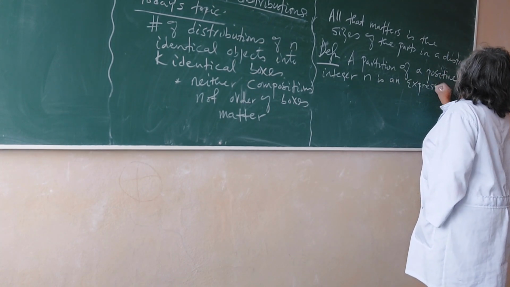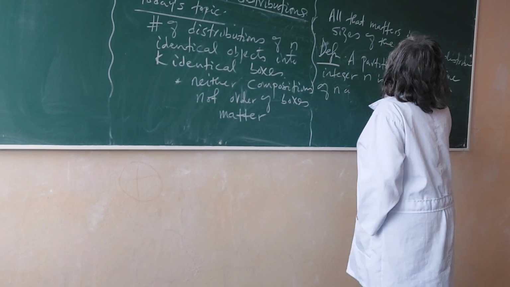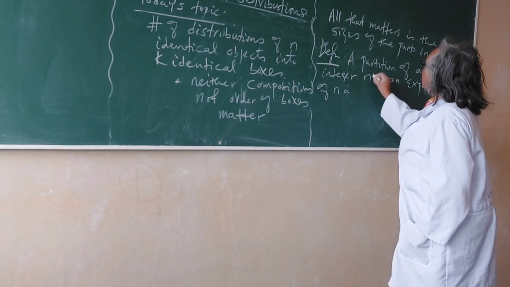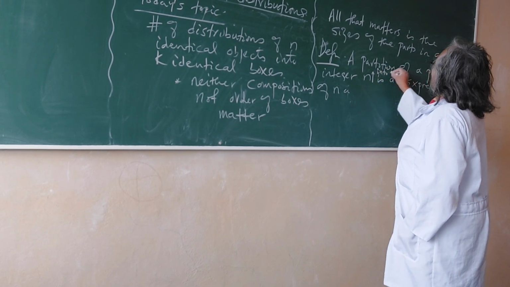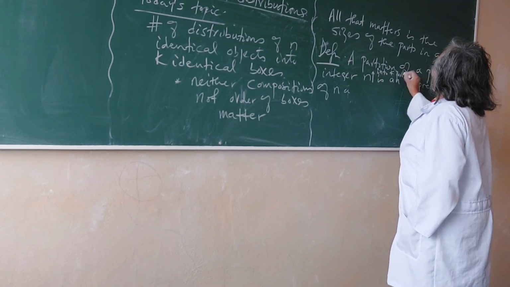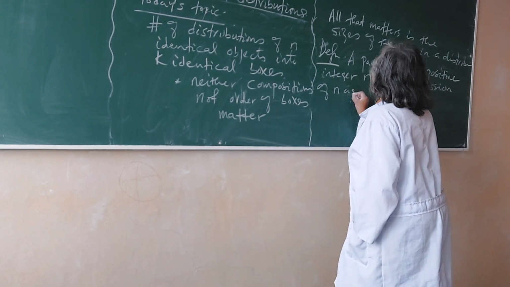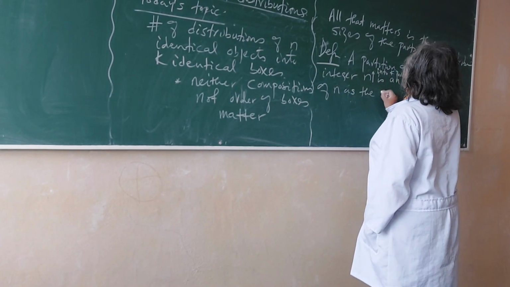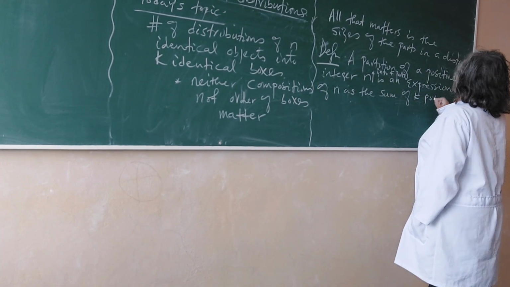An expression of n into k parts, sorry for this, is an expression of n as the sum of k positive integers.